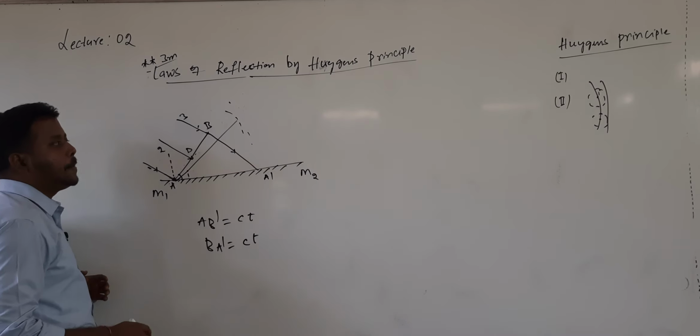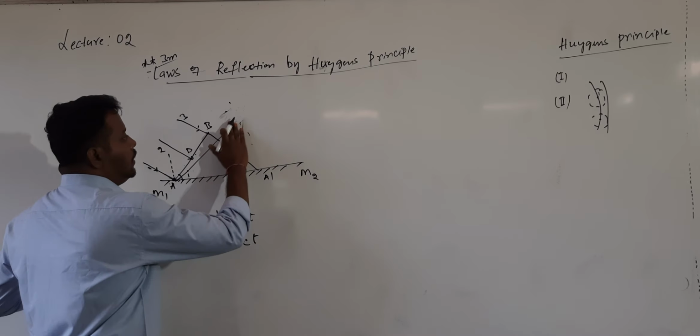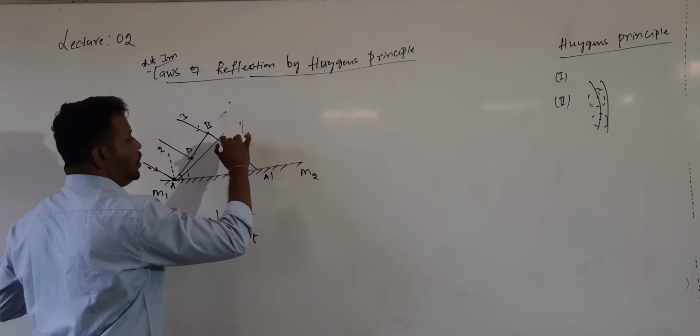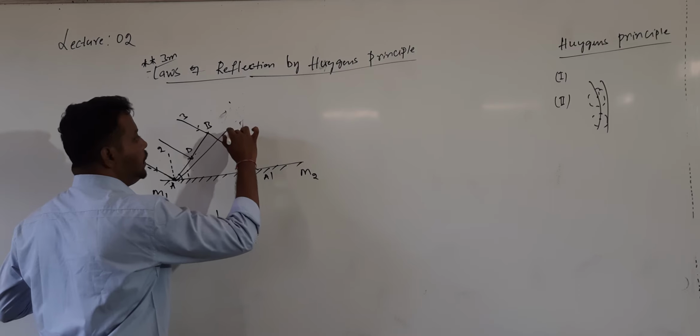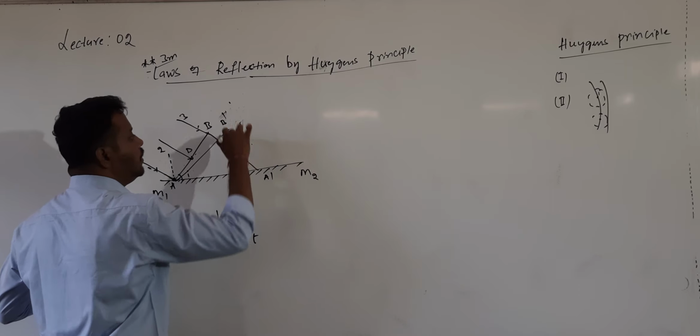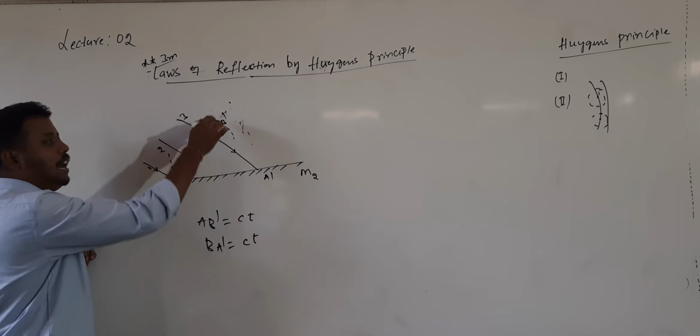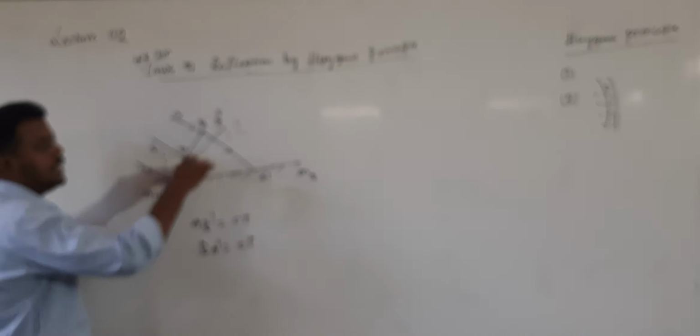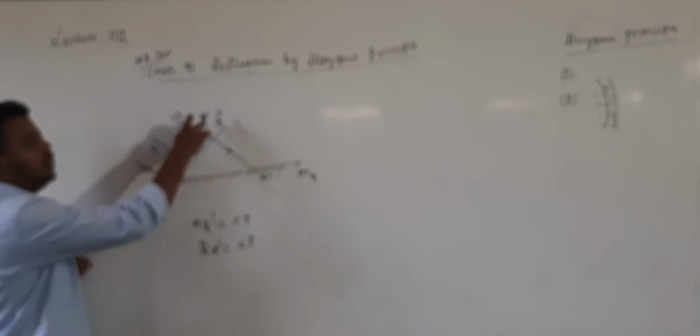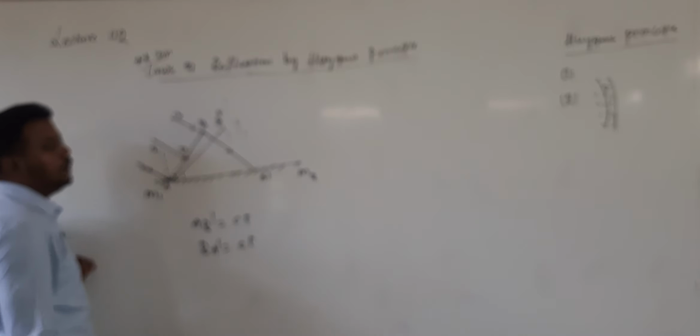I will draw this point still closer, up to here only. This is my point B dash. Now I am drawing the arc from here. I should draw a total sphere, but instead I draw only the arc.